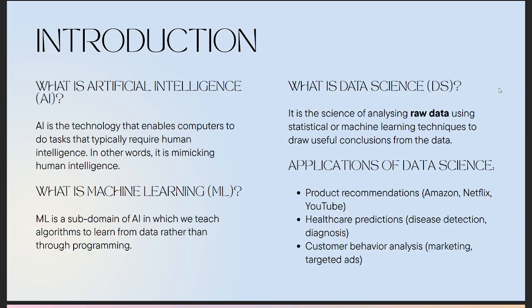Next, what is data science? Data science is the science of analyzing raw data using statistical or machine learning techniques to draw useful conclusions from the data. Now, what is raw data? Raw data is basically unprocessed data. It is data in its original form. We have not arranged it, we have not tried to process it into a more useful format.